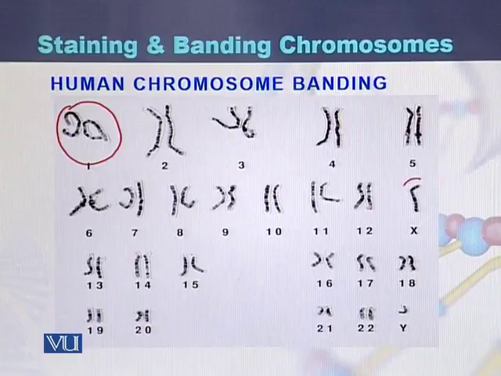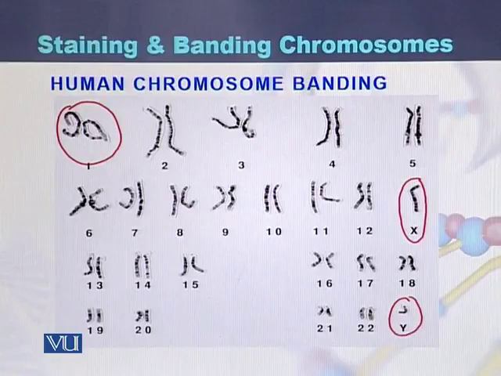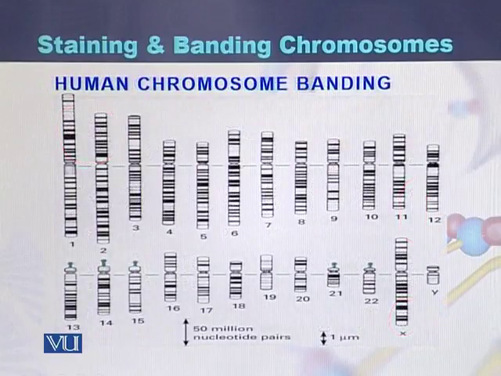Here is the chromosome X and here is the chromosome Y. From this banding pattern, we can say that it belongs to the male chromosome banding pattern. This diagram shows the human chromosome banding pattern where all the chromosomes show light bands as well as dark bands.